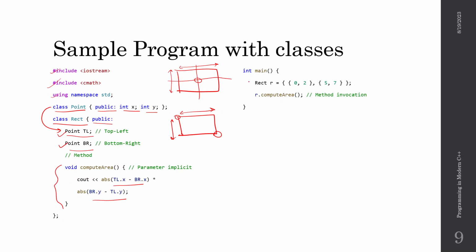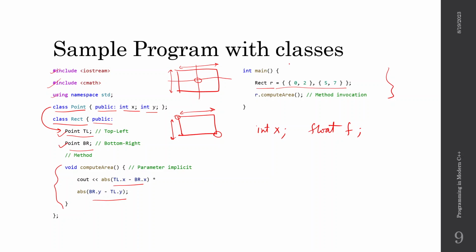Now to demonstrate the utility of this class, we have a main function where we define a rectangle. Notice the syntax. First on the left hand side we are writing rect r. It is exactly the same as how we write int x or float f, which shows that this is like a data type only, a user defined data type.